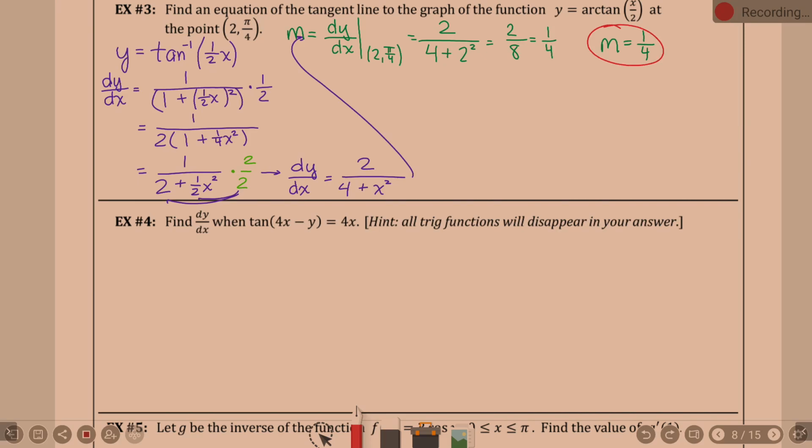A slope of 1/4, a point of (2, pi over 4), and we can write our equation. y equals 1/4 times (x minus 2) plus pi over 4.